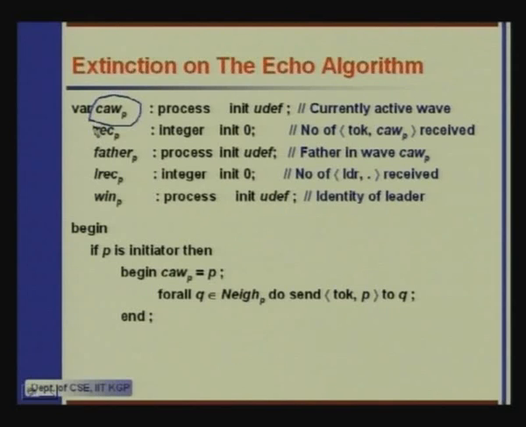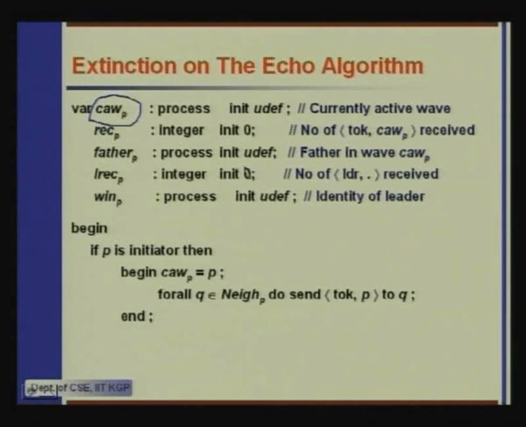Initially, it is undefined. Okay. Then we have REC P, which is the number of tokens received in the current wave. Now, if the current wave changes, this will again be reinitialized to 0. Okay. So, we will see how this thing happens.